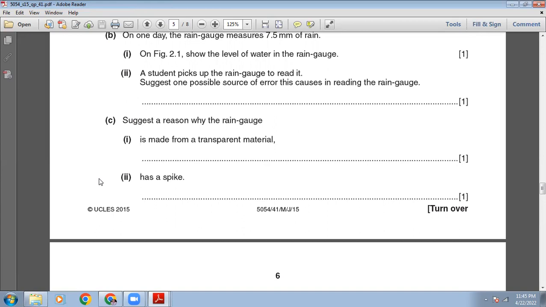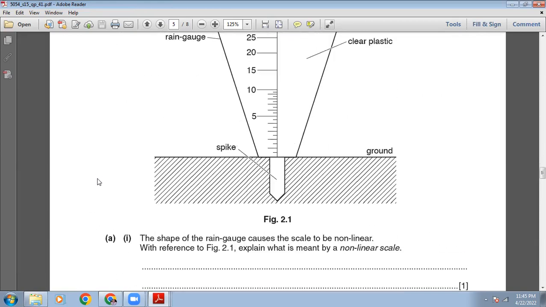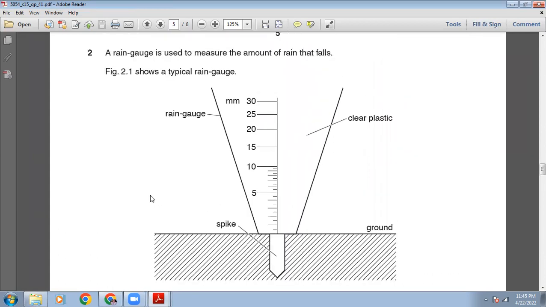So the material is transparent, so you can see the level of the water. And why does it have a spike? Spike means this. This is the spike. Why does it have a spike? So that it can be put in the ground firmly, and during the rain, when it is filled, it does not topple. So the spike is for stability.